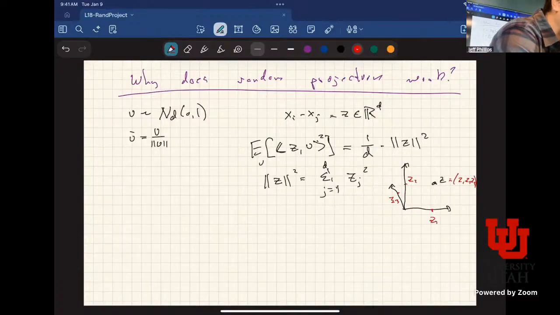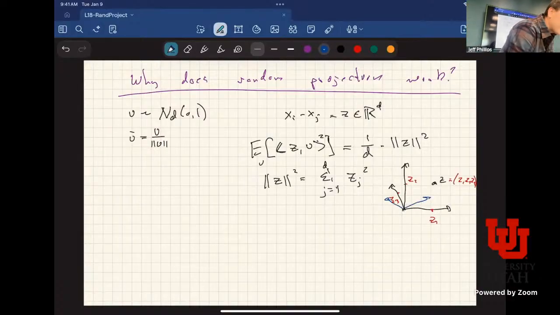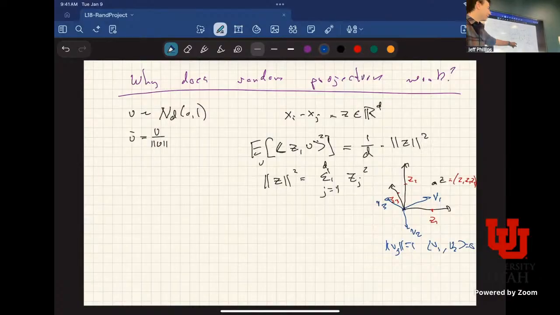But what if instead I took a different coordinate system, with v1, v2, and v3, where the norm of each of these is 1, and everything is orthogonal to each other?